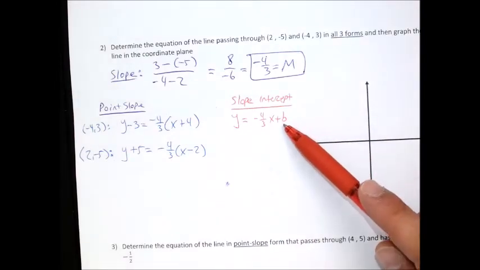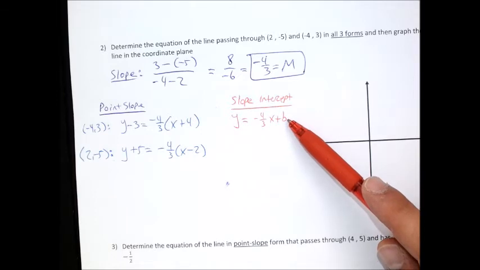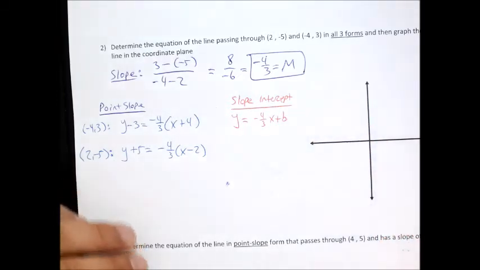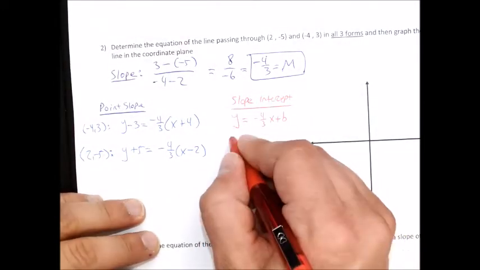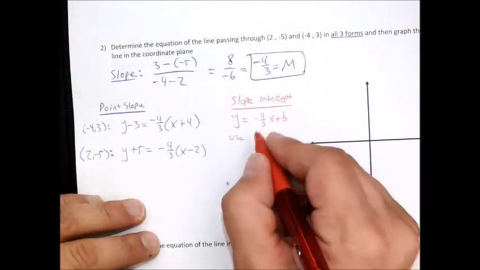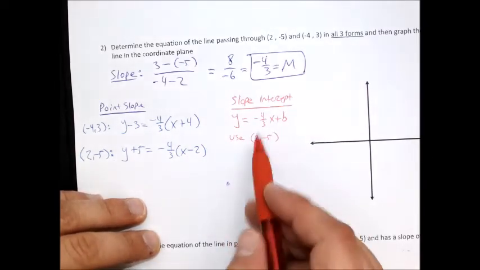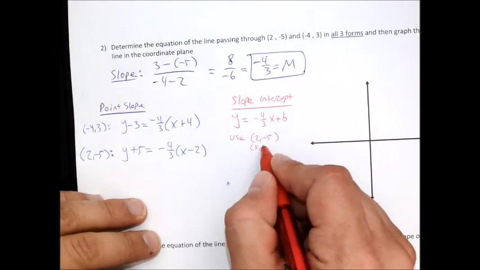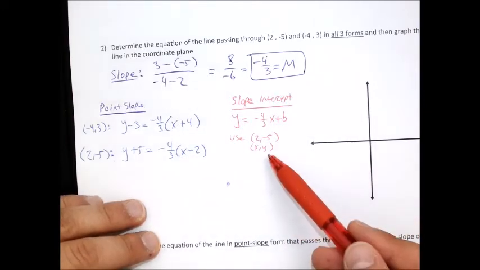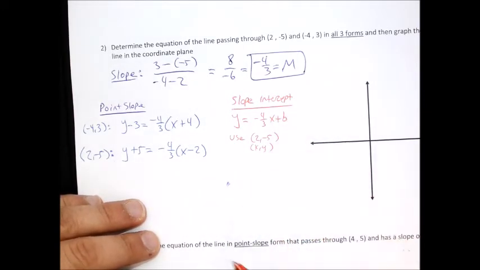And what I wrote on the last page is, usually you need to find b by plugging in one of the points. And so I can use either point. I'm going to use 2, negative 5, but you can use the other one if you want. And you plug that in, because that's an x comma y, right?